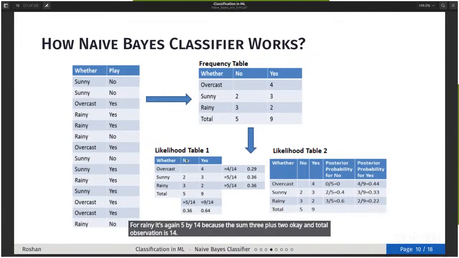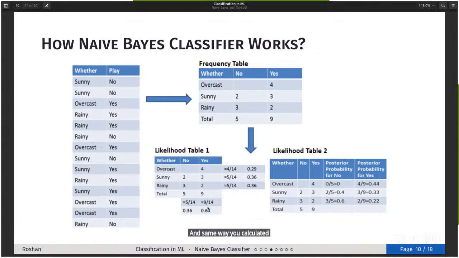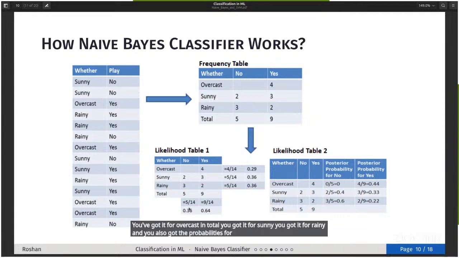And the same way you calculate it for no and yes also. So for no it's 5 by 14, and for yes, it's 9 by 14. So you got the individual probabilities here. You got it for overcast in total, for sunny, for rainy, and you also got the probabilities for no and yes.